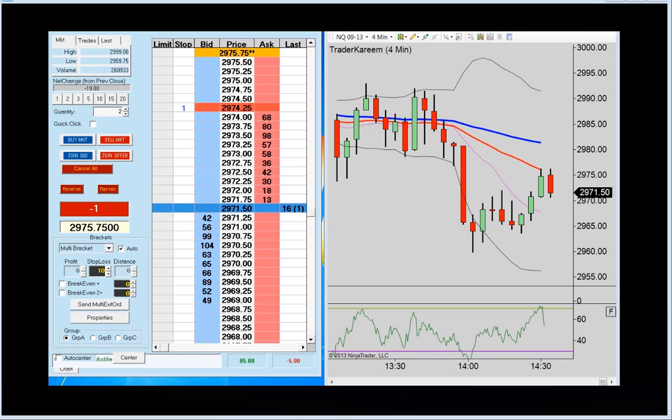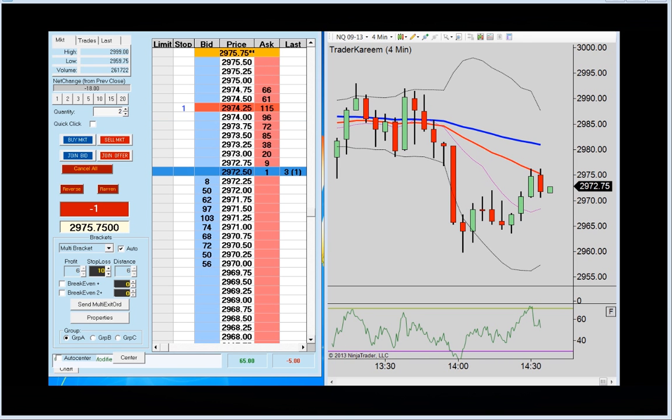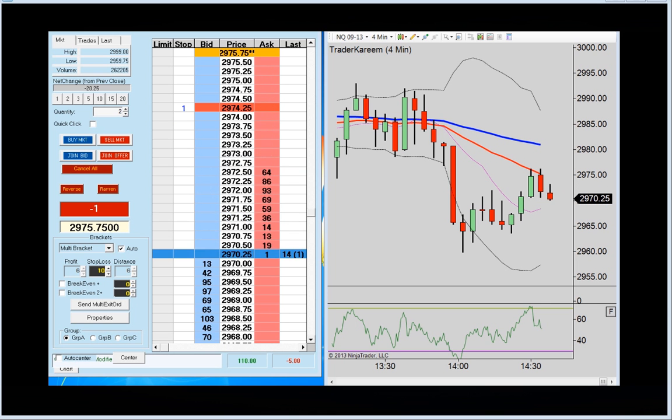I moved it again to 72, and that one ended up stopping me. But if I had kept it at break even plus 1, or even 74, my target, which is 60-61, would have been reached, the retesting of the low, because everything was going my way at this stage. You've got all the moving averages, the bands are going down, the RSI is going down, everything is going down. And here's the move from 74 to 72.